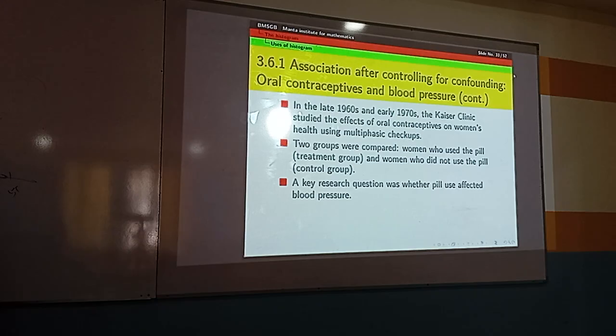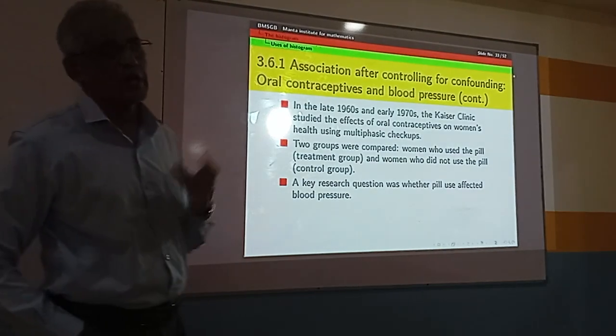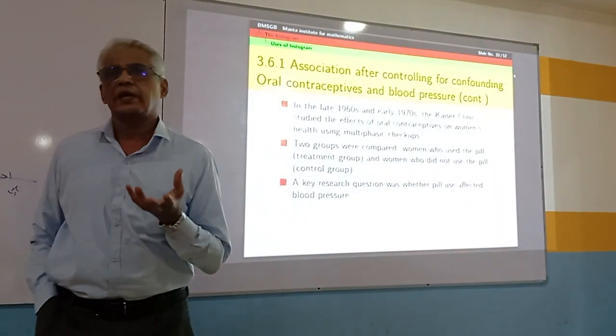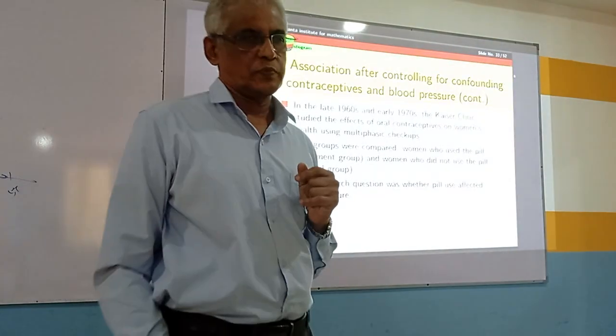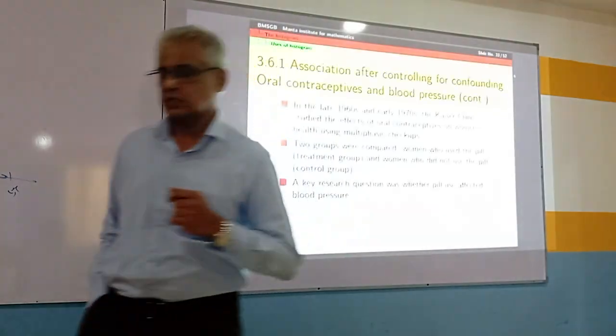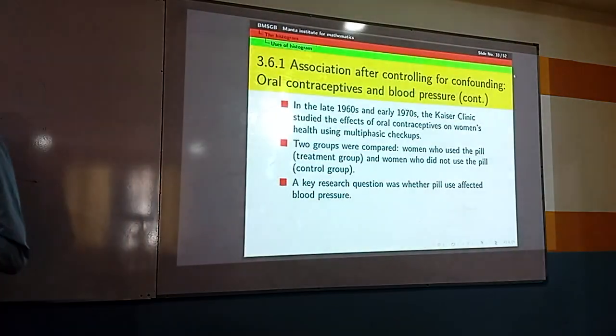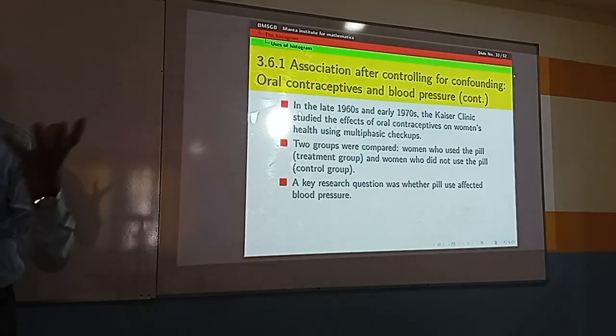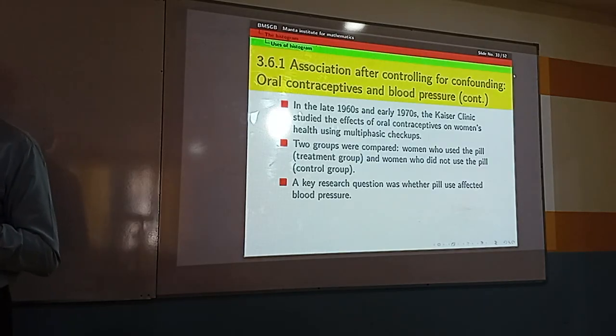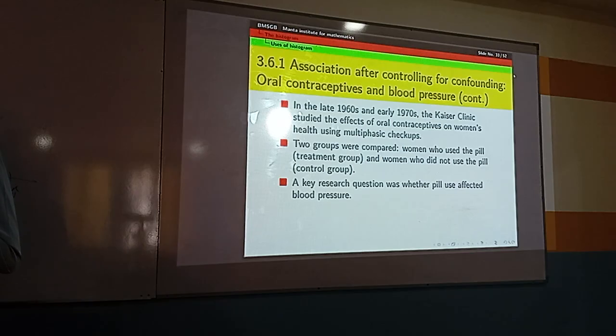So this example talks about, they wanted to check whether there is an association between blood pressure and taking birth control pills in women. Right? Two groups were compared, women who used birth control oral contraceptive pills, and who didn't use that.